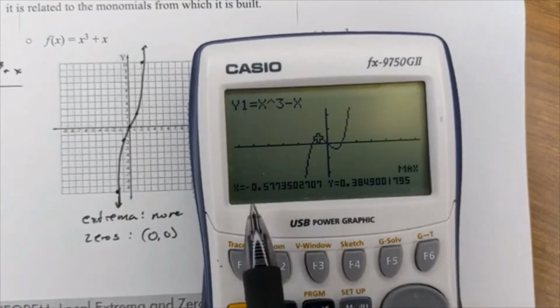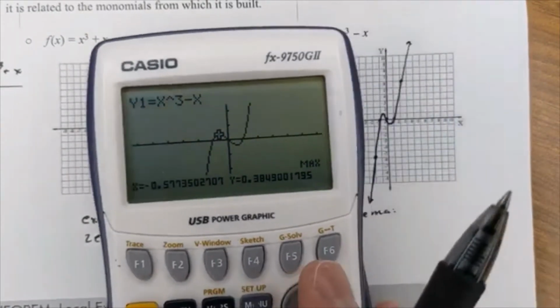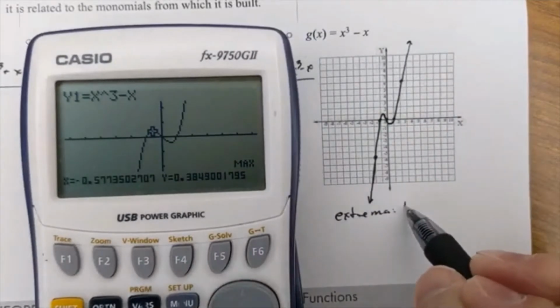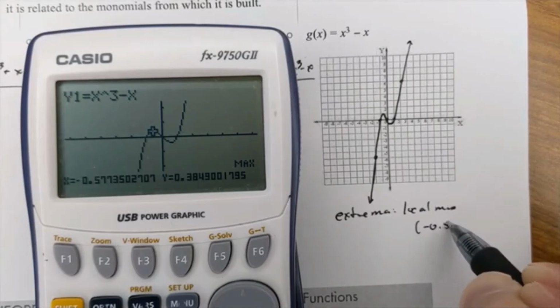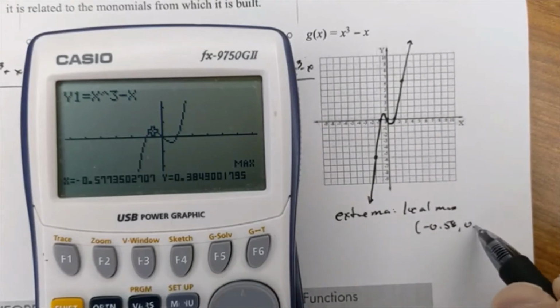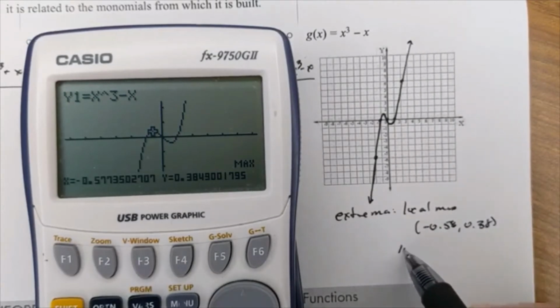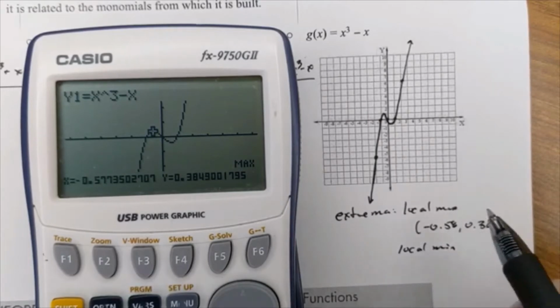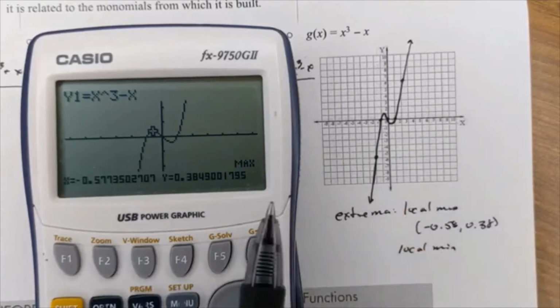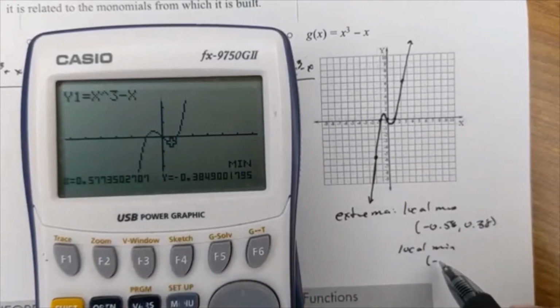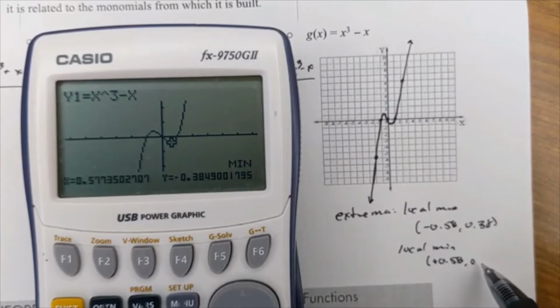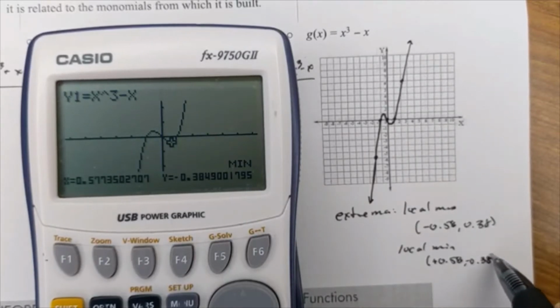So we've got a local max at the coordinate (-0.58, 0.38). We've also got a local minimum, that's this point down here, so G-solve min of positive 0.58 on the x and negative 0.38 on the y.